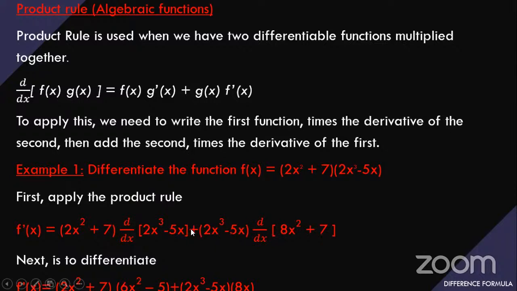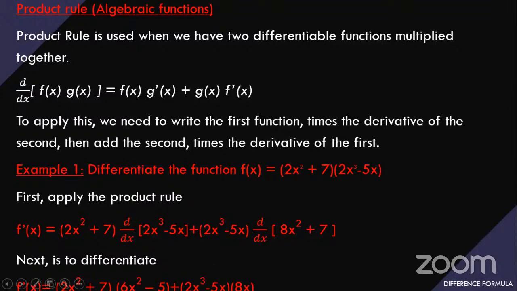So what we have here now is, when we included our first function, we said 2x squared plus 7. Then we differentiated our second function. Our second function will give us 6x squared minus 5, which is what we have here, plus our second function, then the differentiation of our first function, which gave us this.